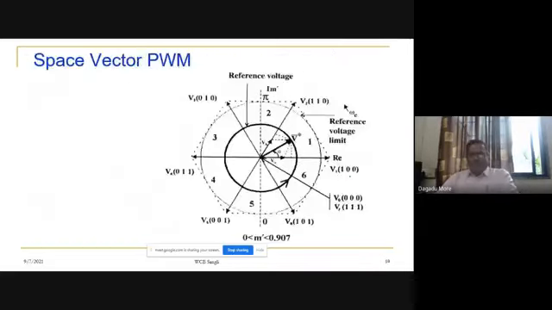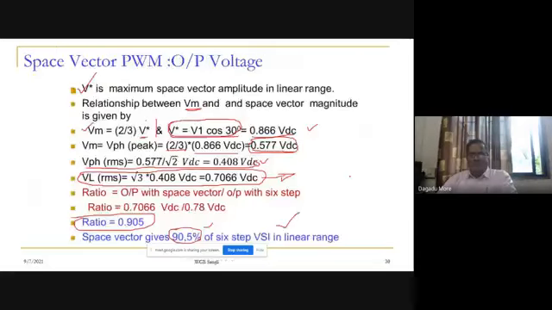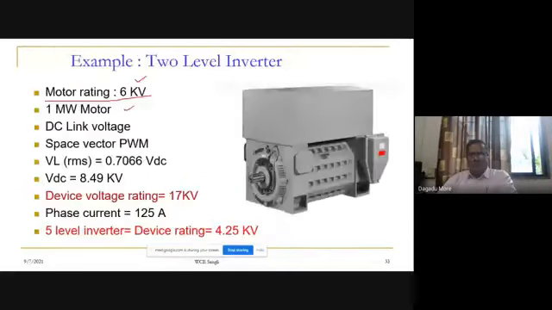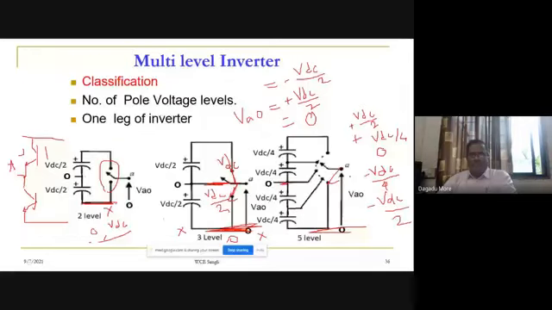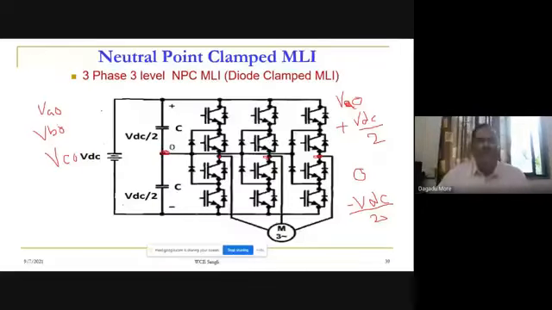So the process I want to trace is that VAO, VBO, VCO have only three specific values. And once you know VAO, VBO, VCO, you can find out the switching.